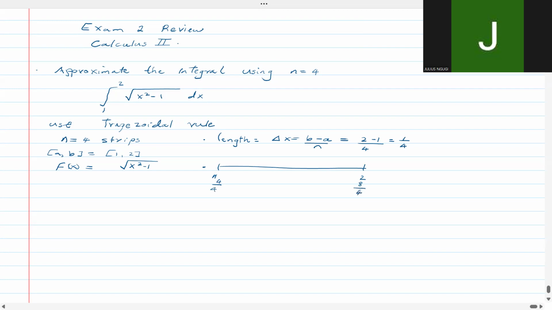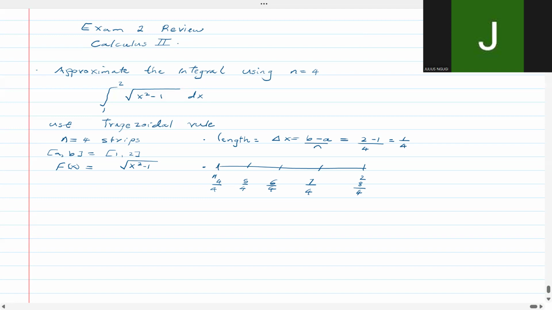So I'll be moving 1 over 4 each time. So 4 plus 1 is 5 over 4. The next will be 6 over 4 because I'm adding 1 over 4. From 6 over 4 is 7 over 4, because they are evenly spaced, then 8 over 4, which is 2. Now I have all that I need.